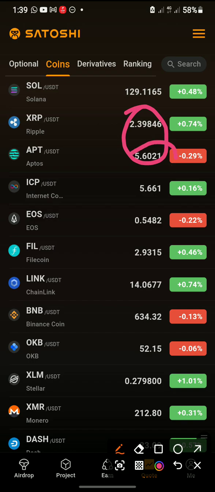Some people do not know they can sell at this value and leave the money in USDT. It's above 2.3.